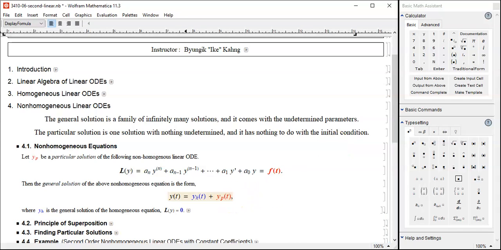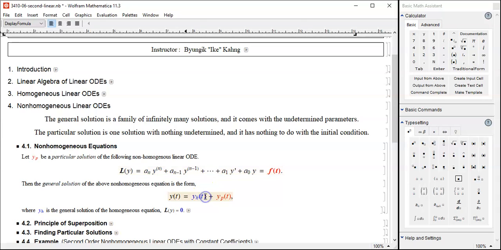YP, the particular solution, may not be the solution you want, but it helps you find the solution you want. What you want is a general solution, this left-hand side, y of t. It turns out that y of t is equal to yh plus yp. Yp is the particular solution, a solution of this ODE, even though it may have nothing to do with the initial condition that we have or you will have later.